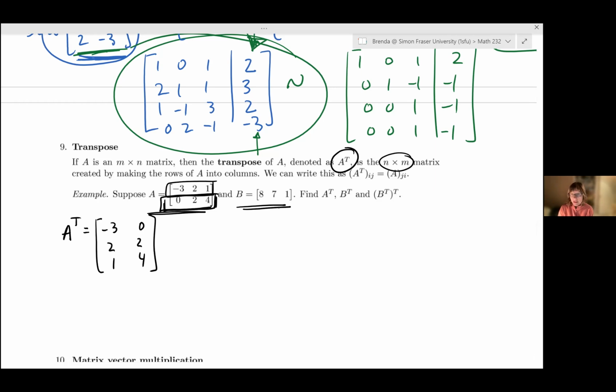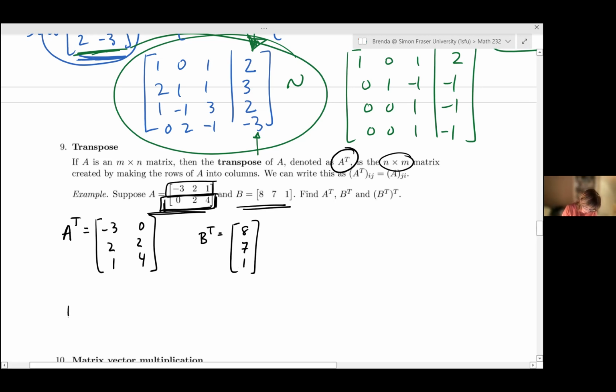Vectors are, in some sense, matrices. We can think of them as matrices that just have either 1 row or 1 column. So I'm going to take B and write B transpose, and that is simply like this: 8, 7, 1. So the rows of B have been made into the columns of B transpose.